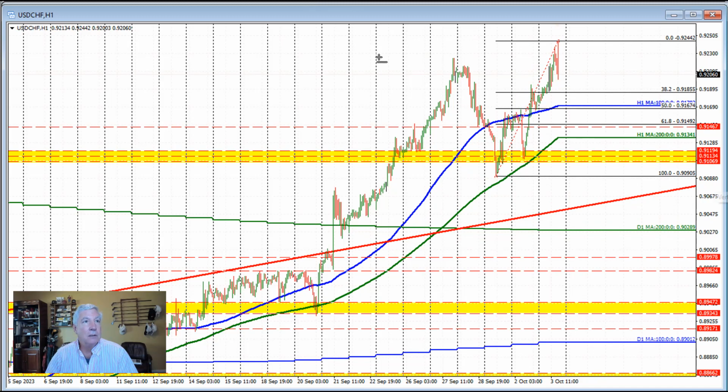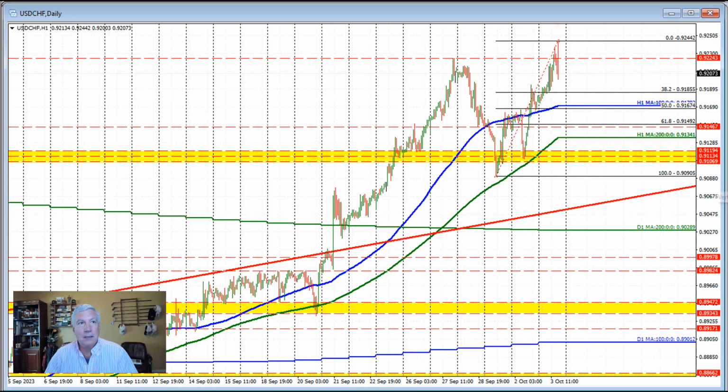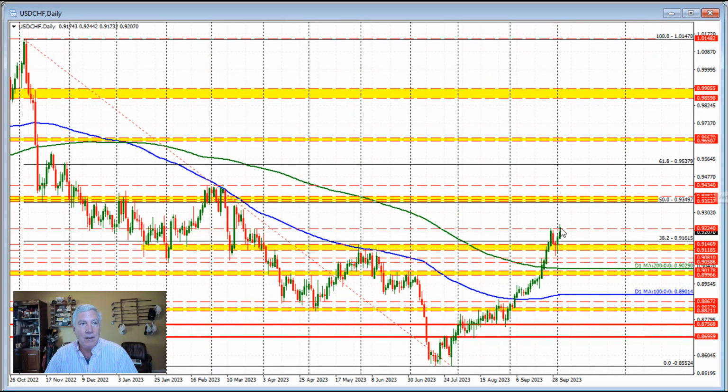If I put a Fibonacci on the last move higher for this currency pair, we did move higher off of the JOLTS data up to 0.9242. We have since moved back below the high price from last week, and we'll look toward the 38.2% retracement of this last move to the upside at 0.9185 for potential support. If we get below that level, the 100-hour moving average at 0.9170 would be targeted.